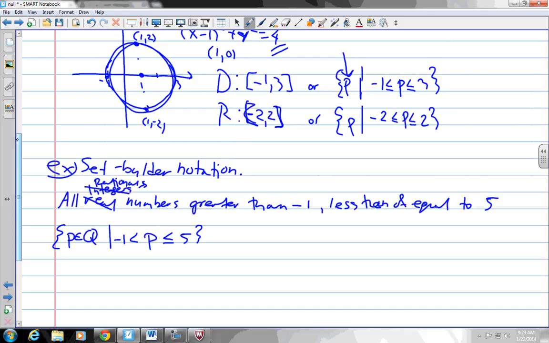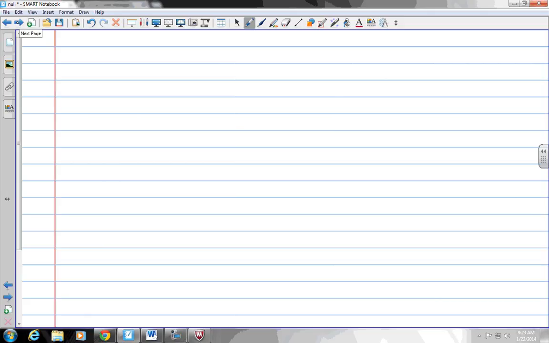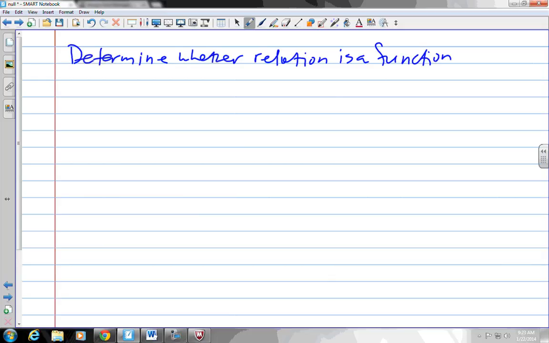So we understand. Now, if I give you this, determine whether the relation is a function, without, let's say, graphing. If I, for example, give you this, we know it's a circle and all that good stuff, so it shouldn't be a function.